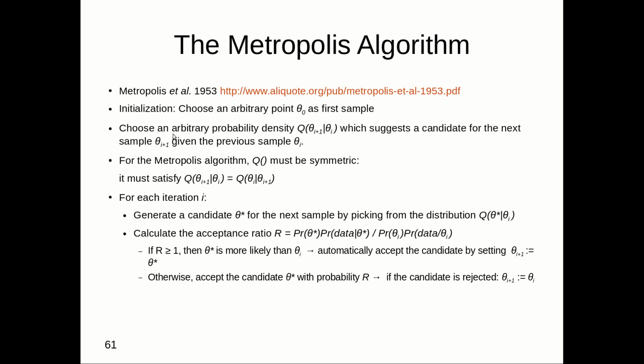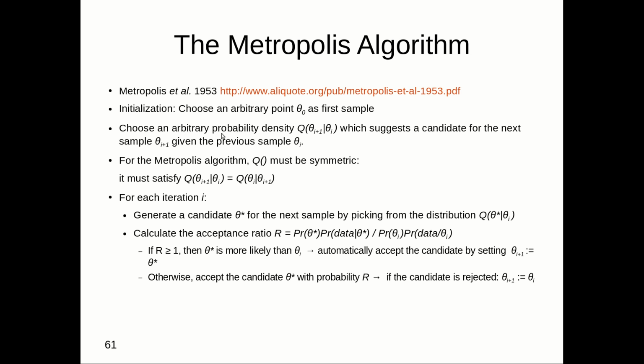And then you choose an arbitrary probability density. This is our proposal distribution that gives you a transition from theta i to theta i plus 1, and suggests a candidate for the next sample, theta i plus 1, given the previous sample, theta i. So this probability density function is basically just your proposal distribution.